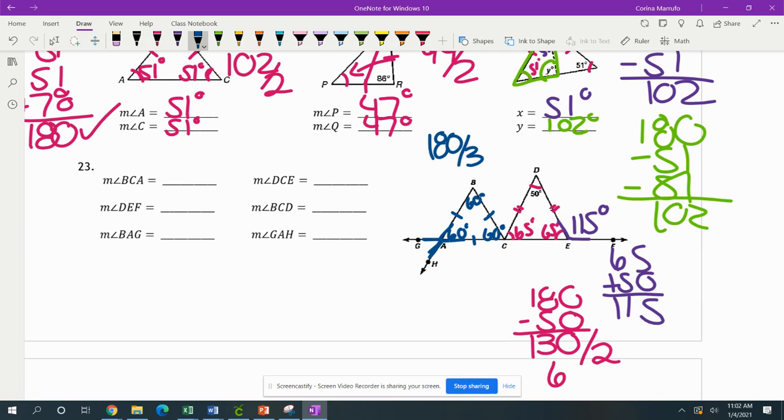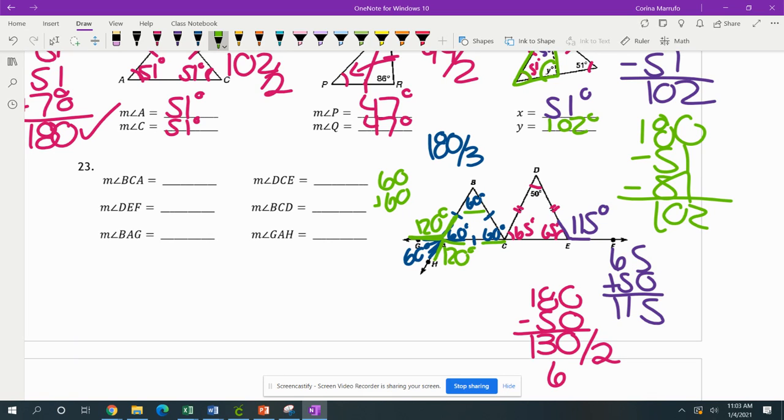So these two, since they're across each other, this is 60 degrees. And then we have this exterior angle right here. This exterior angle is going to be equal to the sum of the opposite angles, so those two angles here. 60 plus 60 gives us 120. And that means that this one would also be 120 because they're vertical angles.